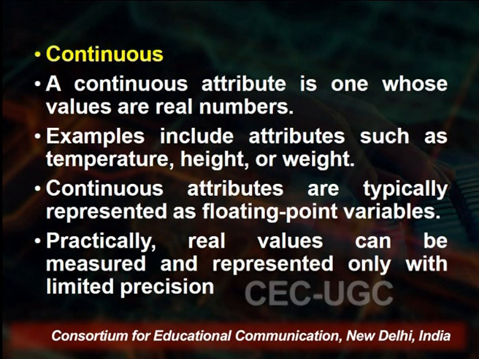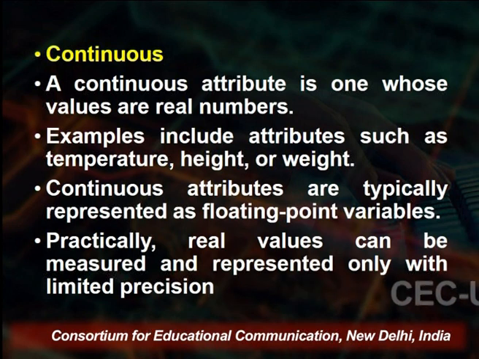Now, we also have another type of attribute called the continuous attribute. In a discrete attribute, the value is going to be an integer value, but in a continuous attribute the value can be a real number.